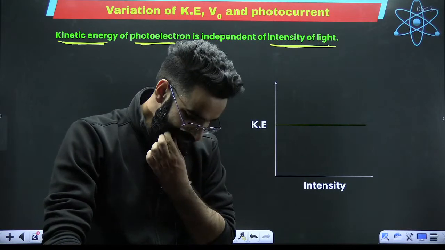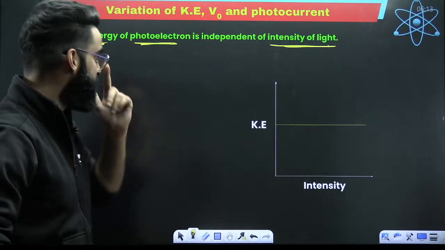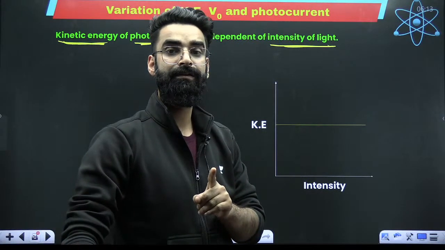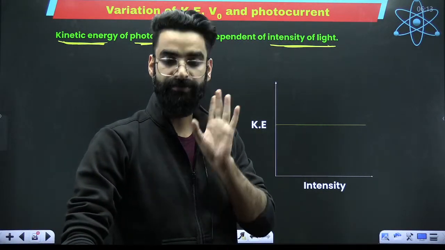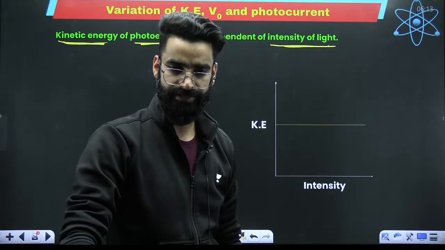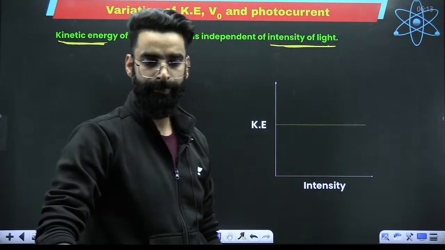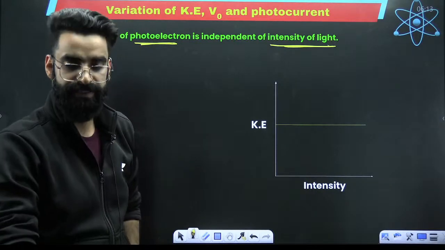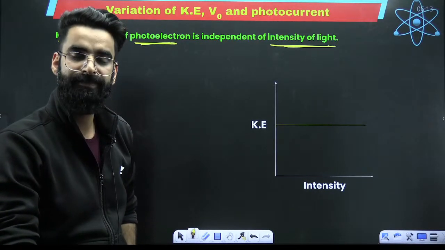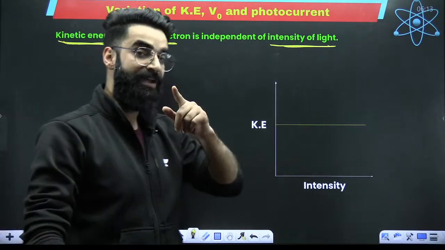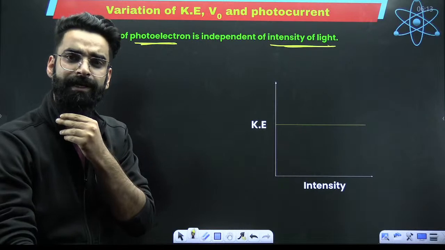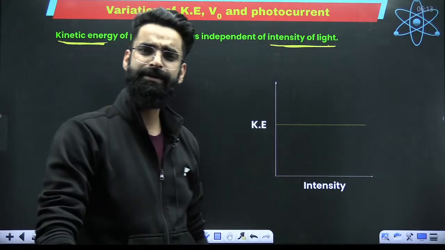Right? So, I can simply generalize one statement. If you increase the intensity of the light, photocurrent increases. Yeah? When you increase the intensity of the light, I'll simply say photoelectric current will increase. Okay, tell me one thing. When you increase the intensity of light, will anything happen to the kinetic energy of the photoelectron?